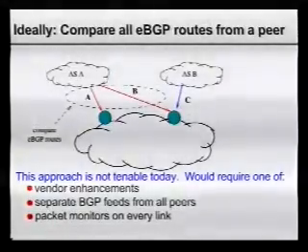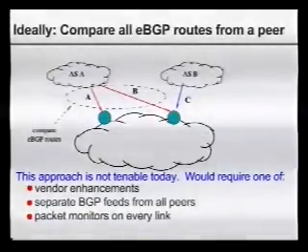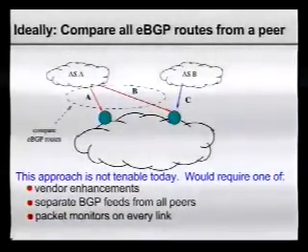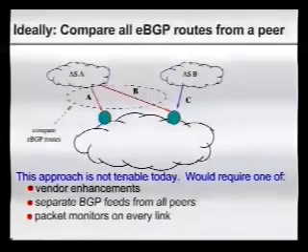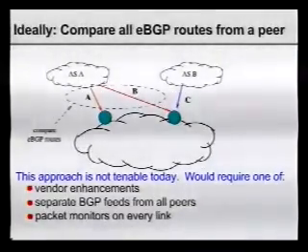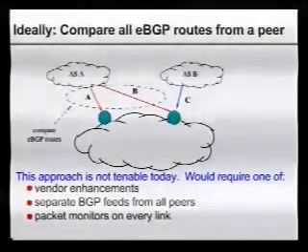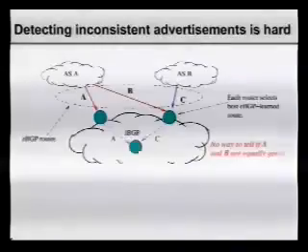That approach doesn't really instill a lot of confidence in me. The third is, of course, you could put packet monitors on every one of these links and see what's actually coming over those eBGP sessions. It's unfortunate that we don't have any of these things, because this problem would really go away if we could get just one of them.